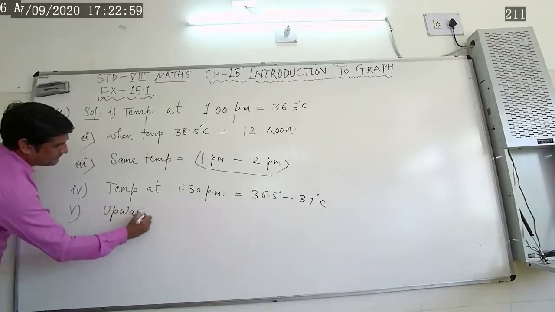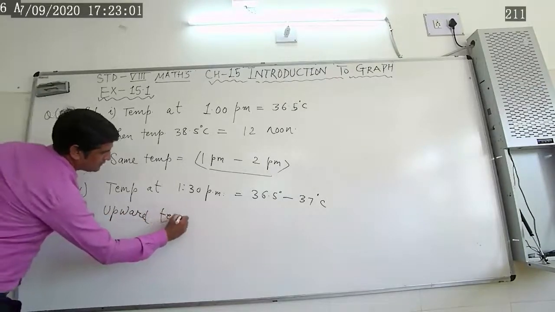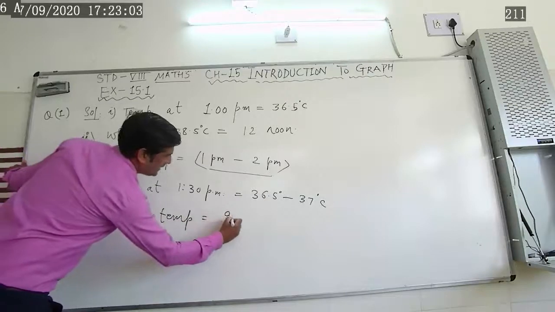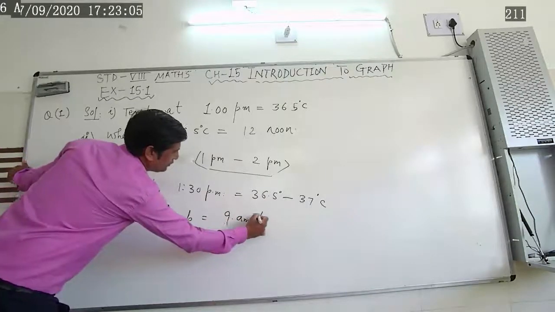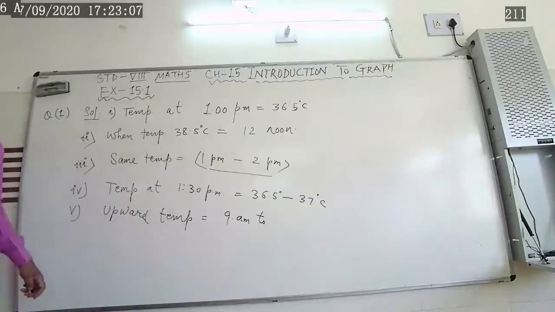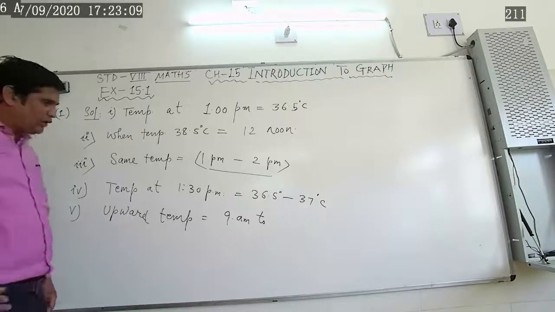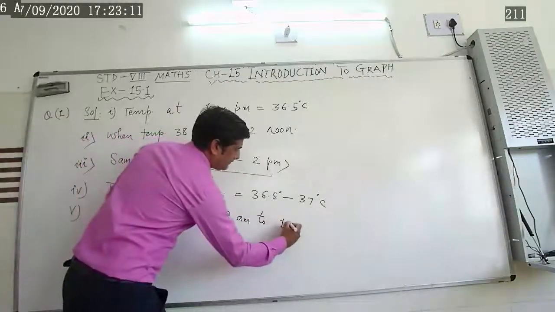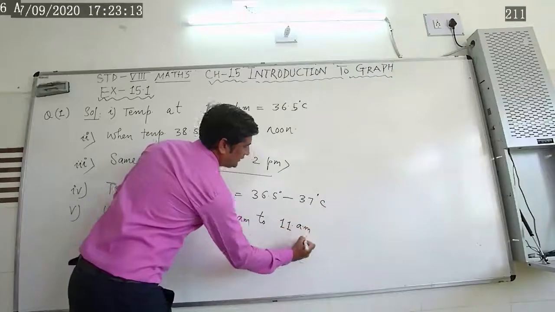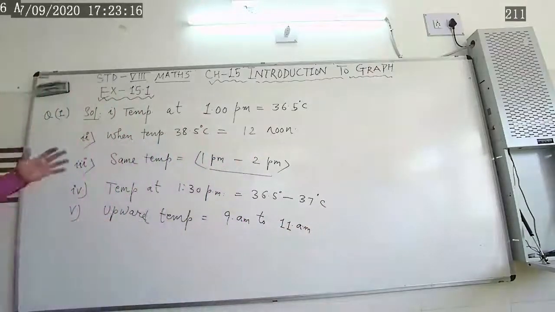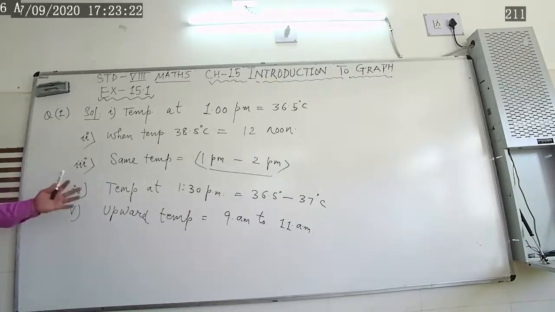Upward temperature, 9 a.m. to maximum value going at 11 a.m. 9 to 11 a.m. This is the question that we solved by using the scale on the graphical representation from the textbook.